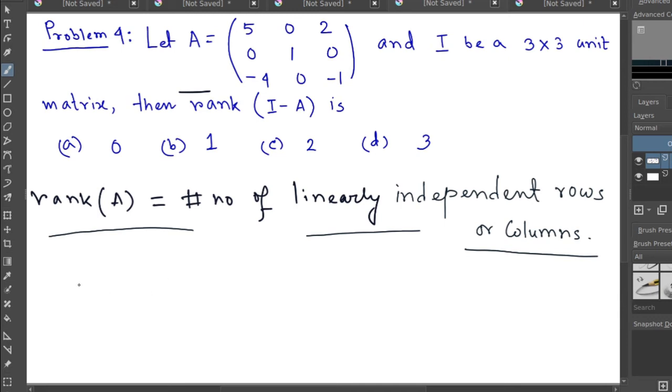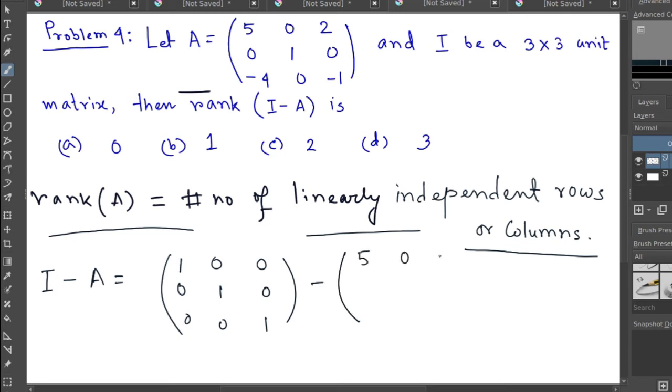Now let's calculate the matrix I minus A. We know I is a 3 cross 3 unit matrix, that is an identity matrix: 1 0 0, 0 1 0, 0 0 1, minus 5 0 2, 0 1 0, minus 4 0 minus 1.